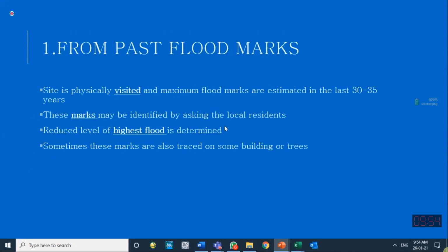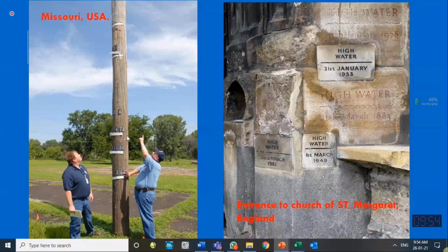For example, past floods are shown over here. Some departments have recorded them in a good way. They have written the flood levels on electric poles or permanent wooden trees over there. Some people have marked the previous floods on the columns of bridges in that area.